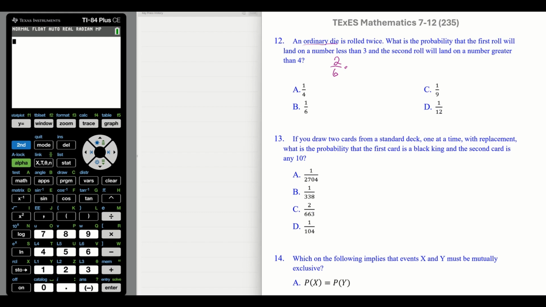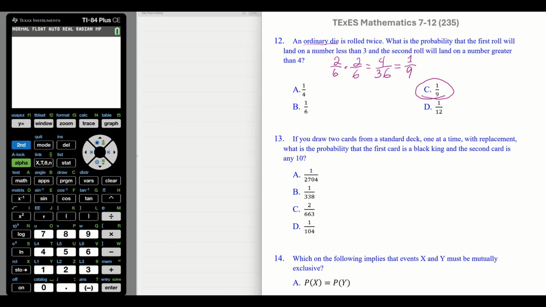And a number greater than 4 would be 5 and 6. That's also 2 out of 6, which equals 4 out of 36. If you simplify that, you will get 1 out of 9, which is option C. We can just put that in the calculator.